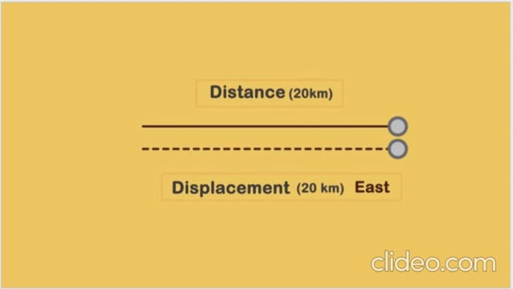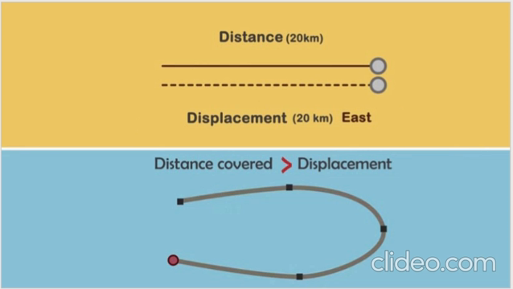Correct? So when I say the distance is 20 kilometers, and if I want the displacement, I will also need the direction, which is 20 kilometers east or west. Now always remember that distance is always greater than or equal to the displacement. The measurement of distance will always be more than the displacement covered.